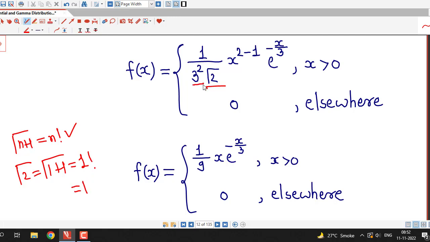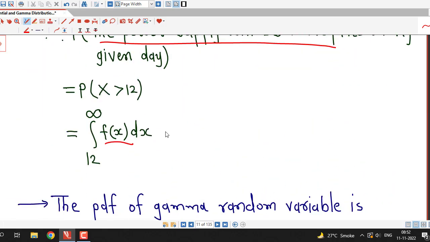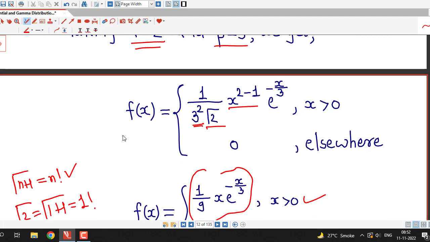Gamma 2 is 1, 3 raised to 2 is 9, x raised to 2 minus 1 is x, e raised to minus x by 3 whenever x is positive. So we have to integrate this 1 by 9 times x e raised to minus x by 3. We will put that value here.